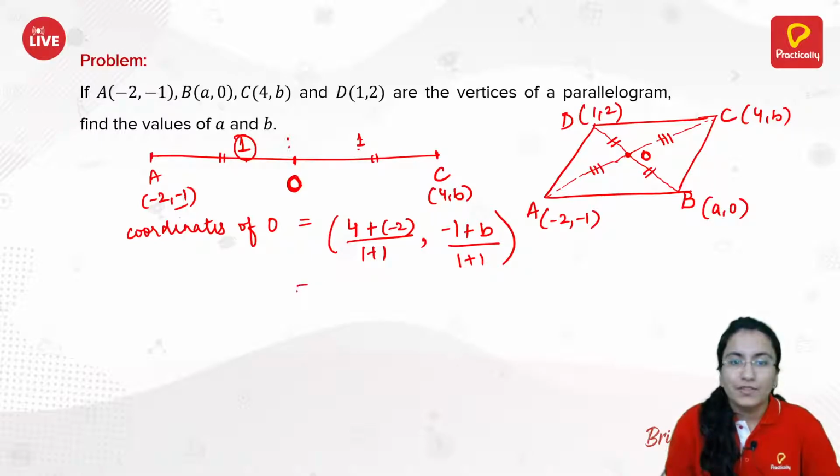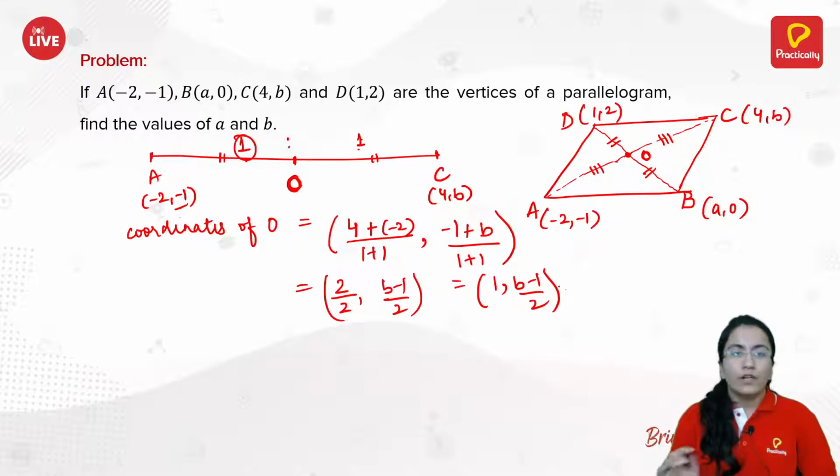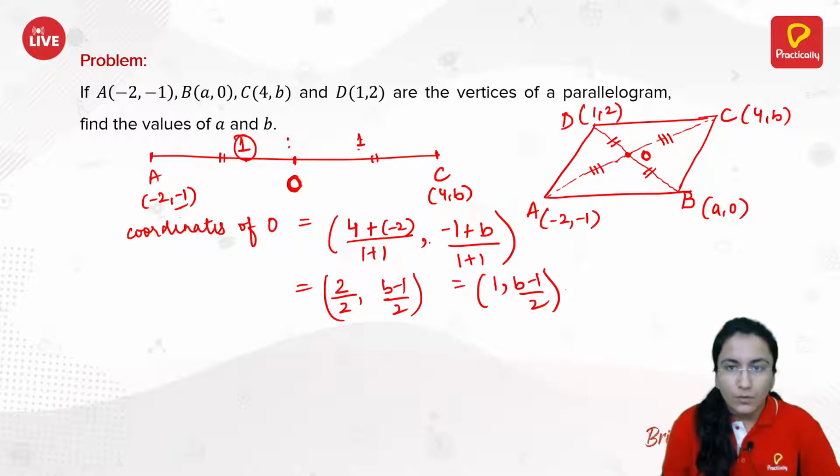Just calculate. This will be 2 by 2 comma (b minus 1) by 2, which is the same as (1, (b minus 1) by 2).